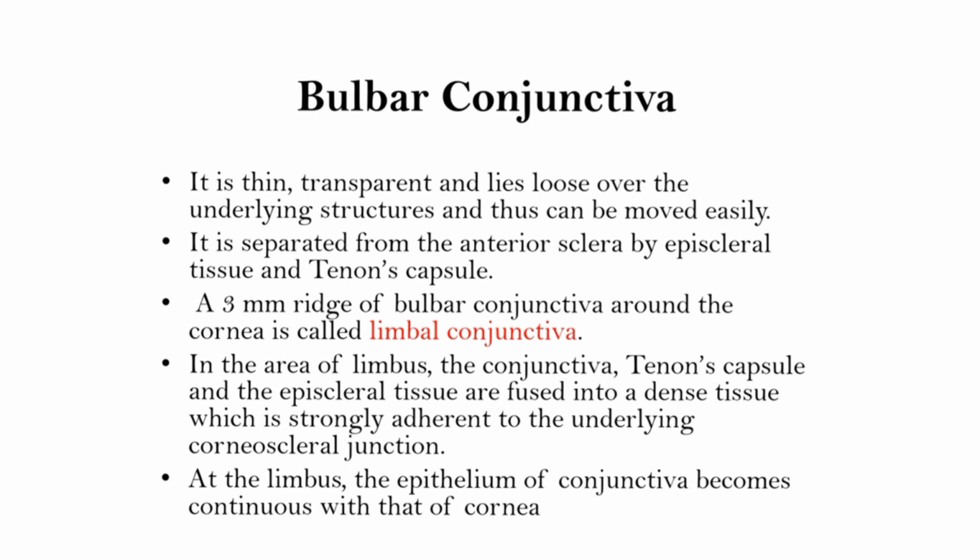In the area of the limbus, the conjunctiva, Tenon's capsule, and the episcleral tissue are fused into dense tissue which is strongly adherent to the underlying corneoscleral junction. At the limbus, the epithelium of the conjunctiva becomes continuous with that of the cornea.